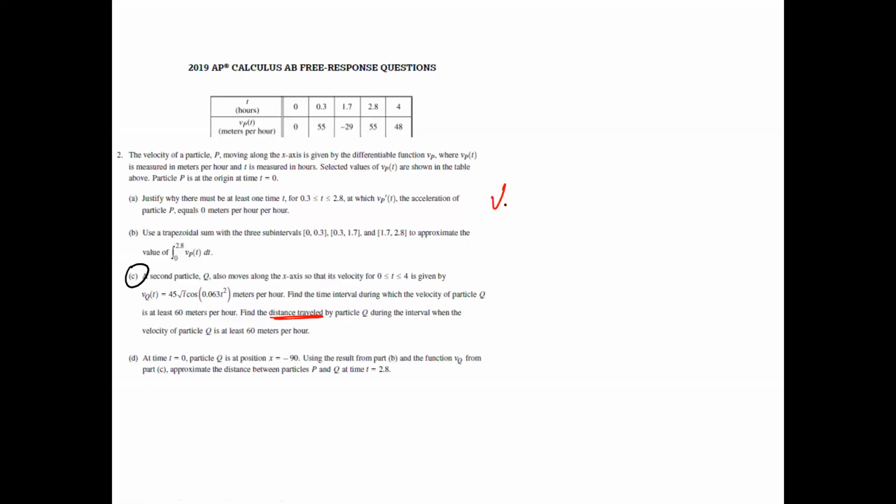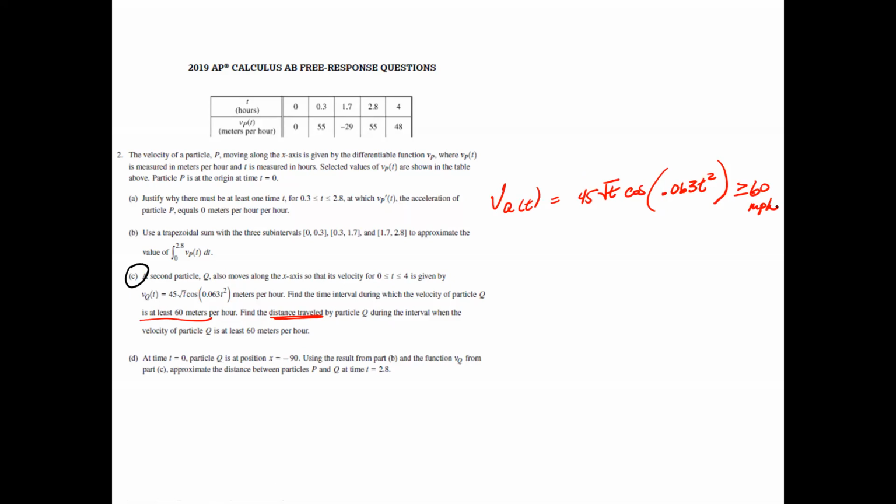Okay, so then you have V of Q of t is equal to this equation, 45 square root t cosine 0.063 t squared. So it's asking you that they want this to be at least 60 meters per hour. So it has to be greater than 60 meters per hour.